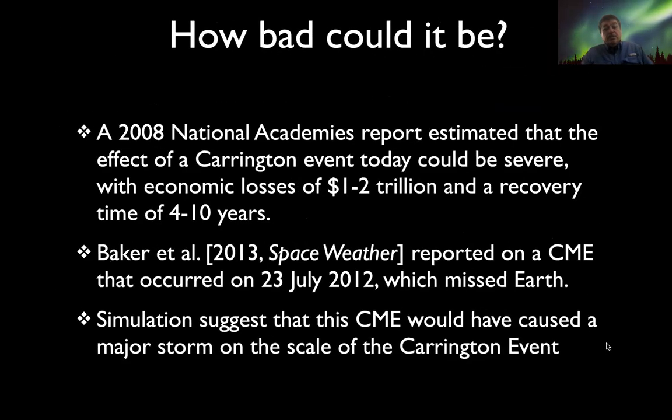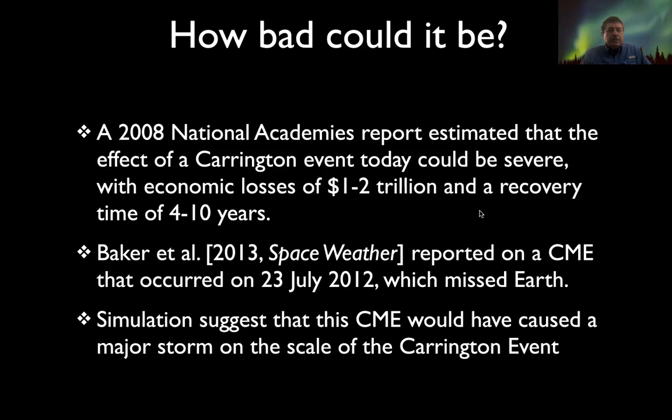So how bad could a big storm like the Carrington event be? Actually, pretty bad. A National Academies report in 2008 said you could have losses of $1 to $2 trillion and a recovery time of years, because you could really hammer our power grid and blow out really big transformers, which we don't make many of and which are difficult to move around.